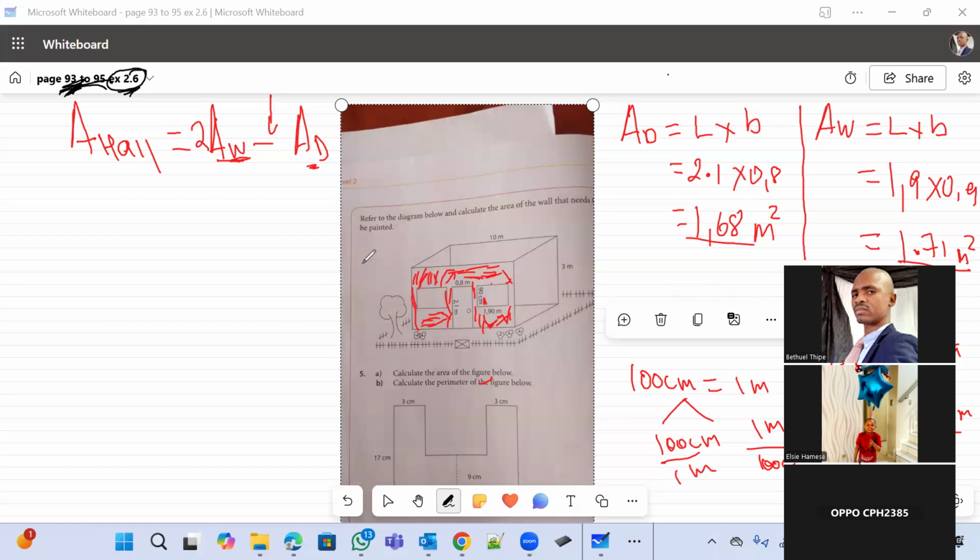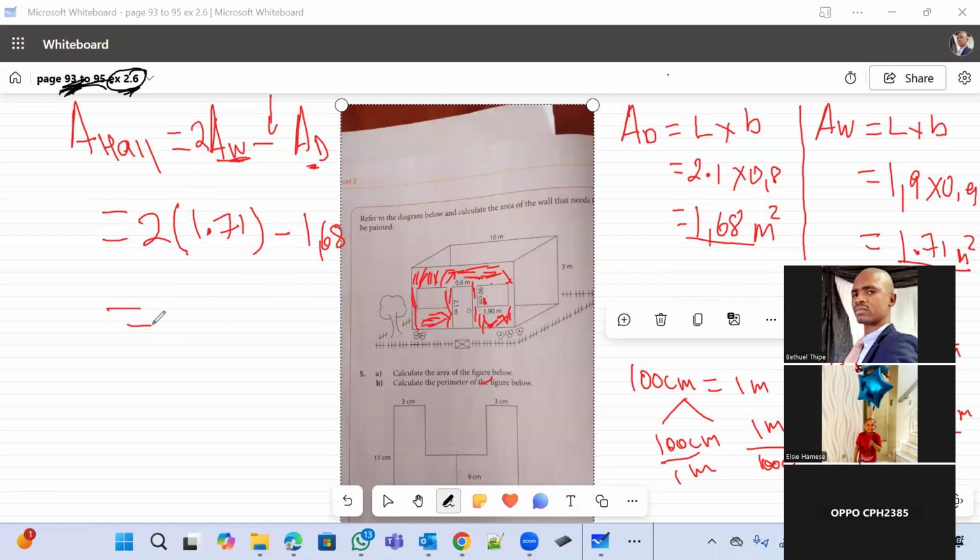Now the area of the wall, because I have two windows there, that's why I say 2 times the area of the window, 1.71. Then I must take out the door, which is 1.68 square meters. Then let's calculate it. I have mine here on my phone.